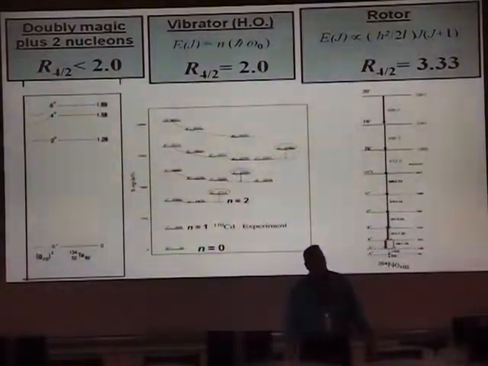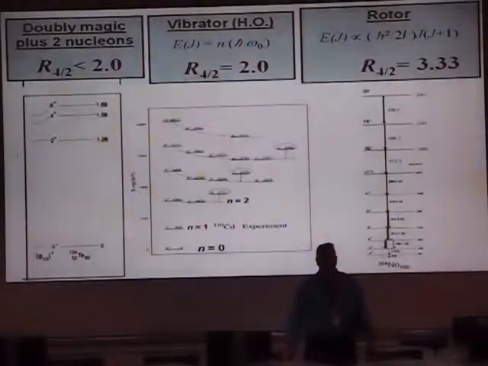You have another question? Yes? My question is, can you explain why we have only even spins in the ground band and in the beta band, but in the gamma band we have odd and even, without going into the D functions?